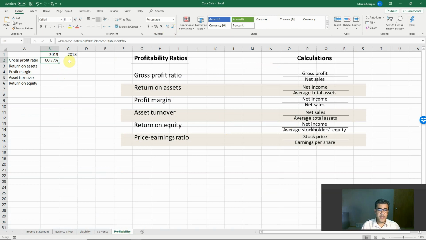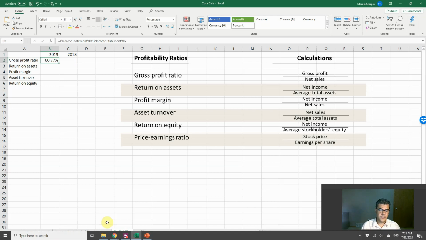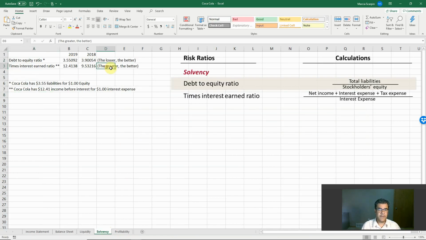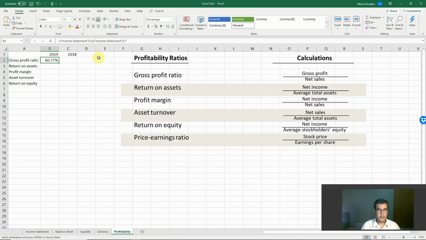Okay, so here our gross profit ratio is 60.77. Sorry, so a little bit less than 40% is our cost of goods sold, and here we have the greater the better.